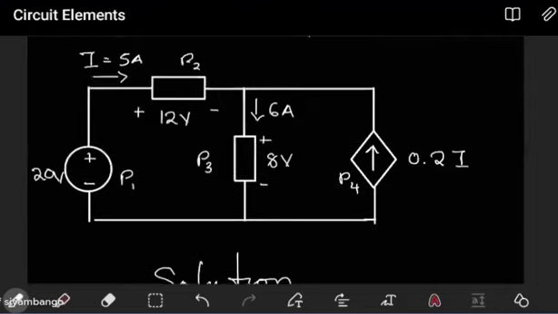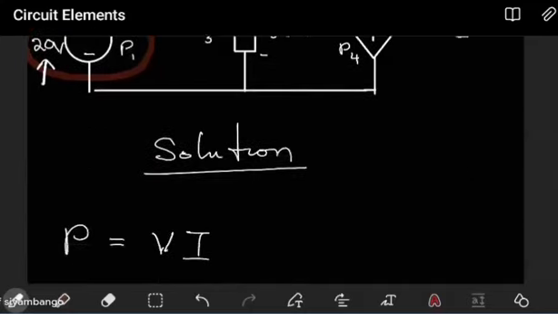And look at this. For most of these circuits, we're actually given what the voltage is for each circuit element and the current passing through that circuit element. Let's take, for example, the power P1. The power P1 is the power from this. And when you look at this, it is a source. And for a source, how do you calculate power? The voltage associated with this source, this is supplying 20 volts. So I can say here, the first one is P1.